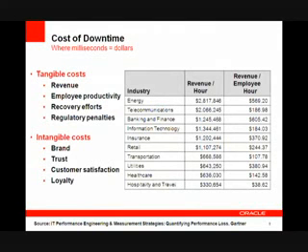So here we've got some numbers which we have taken from Gartner, and it doesn't matter really if you agree with all the specific numbers measured for different industries, but I think we can all agree that every hour of downtime of our systems does cost something. It disrupts our business. Our employees may not be able to work anymore.